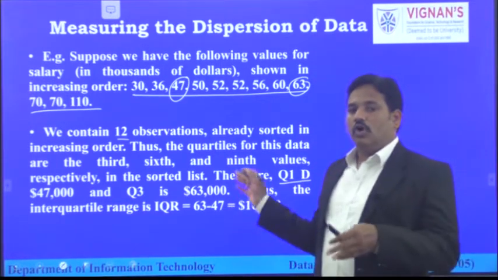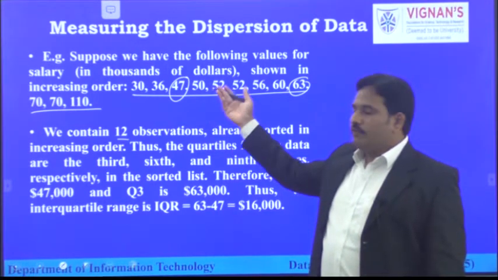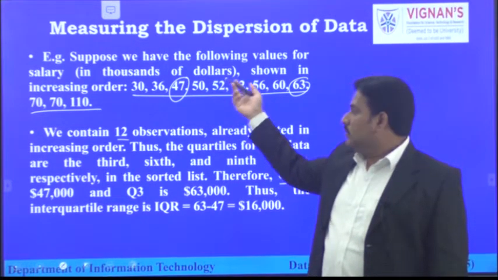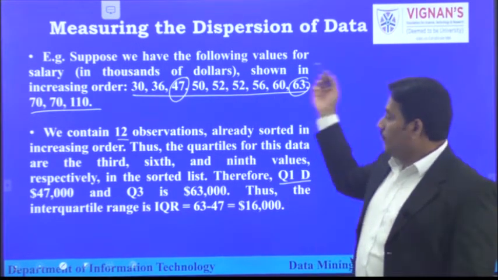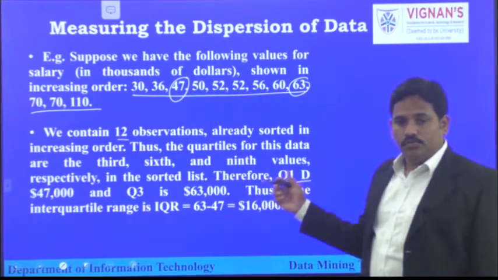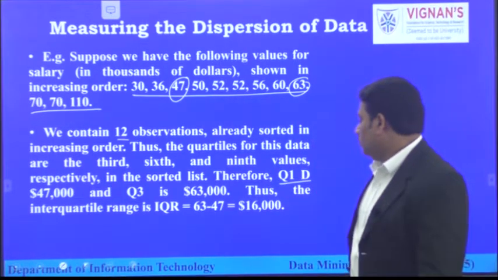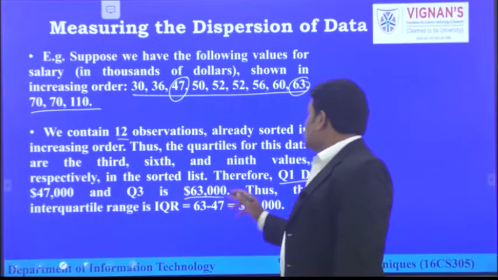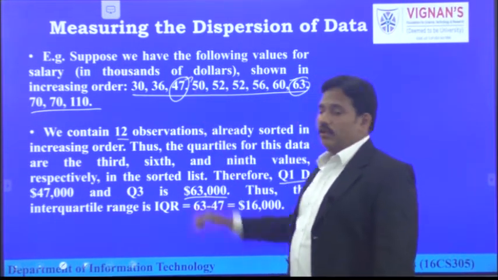When we divide all the 12 values into 4 groups, in the first group we have 3 values. Q1 is 47, that is the third value, 52 is Q2, and 63 is Q3. So here Q3 is $63,000, Q1 is $47,000.